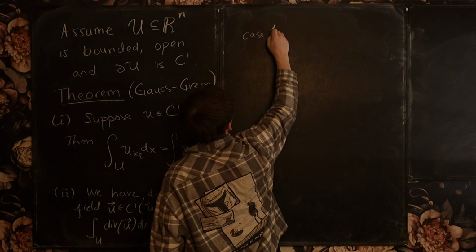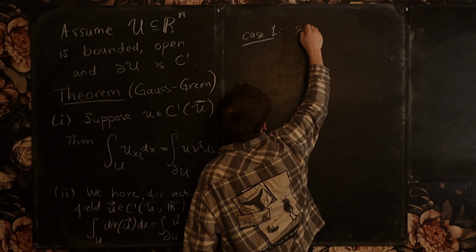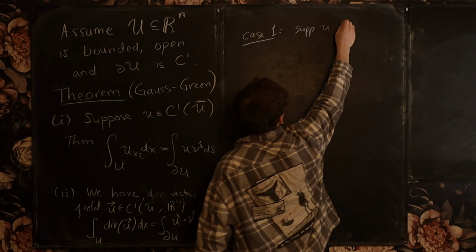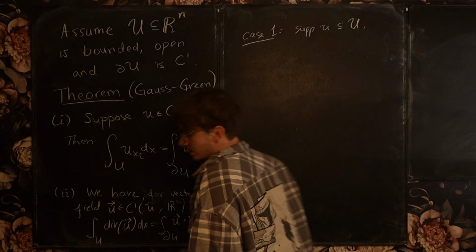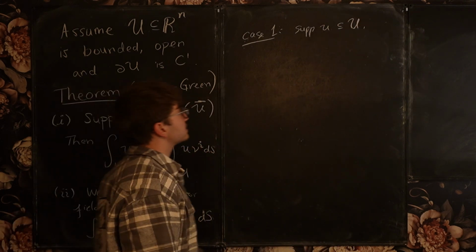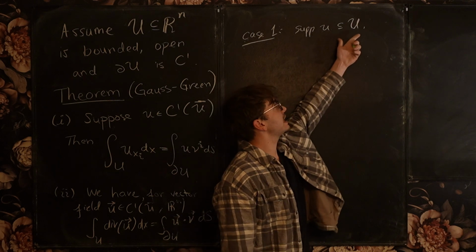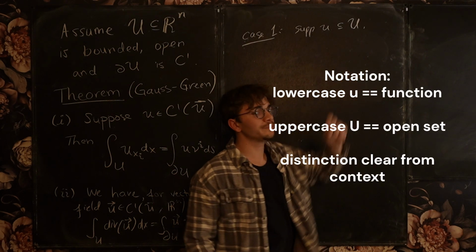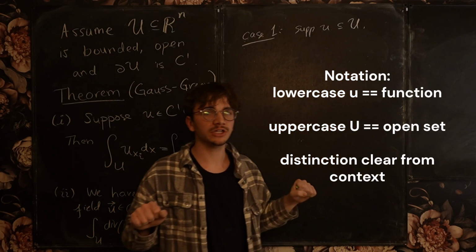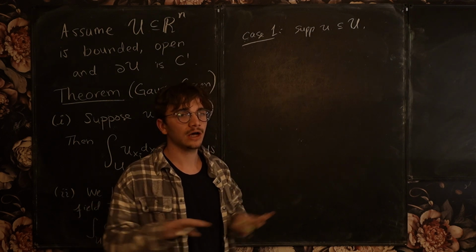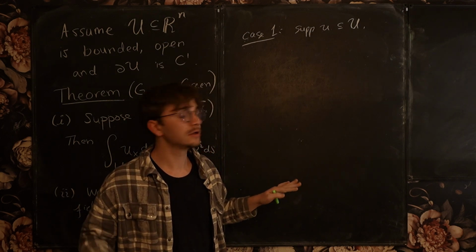So case 1 is if support of u is contained in u, okay? So the idea is that since the support of u is contained in the open set u, I can extend u to a function which is basically 0 outside of its support, okay?